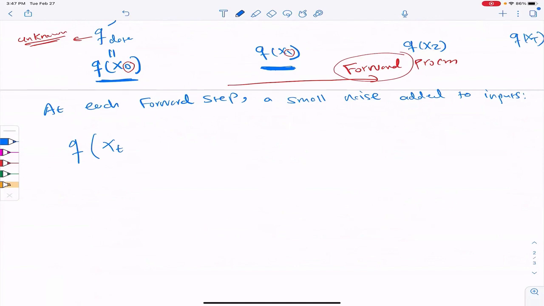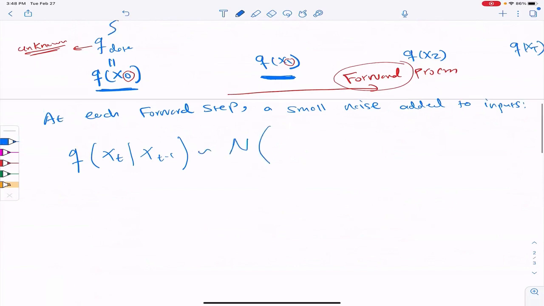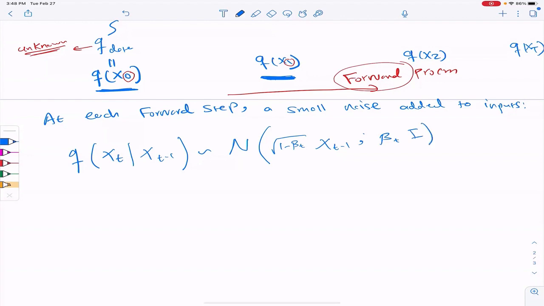The distribution of xt given the previous time, xt minus 1, we are going to assume comes from a Gaussian distribution. As simple as that. The mean is going to be a function of your previous sample, xt minus 1, but a scaled version of it with some number, square root of 1 minus beta t, and the variance would be beta t times the identity covariance.